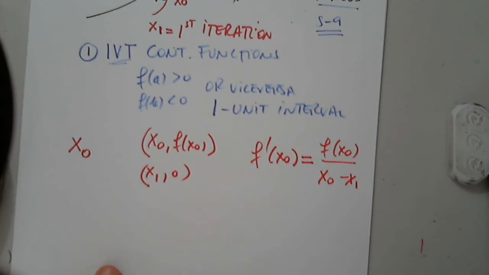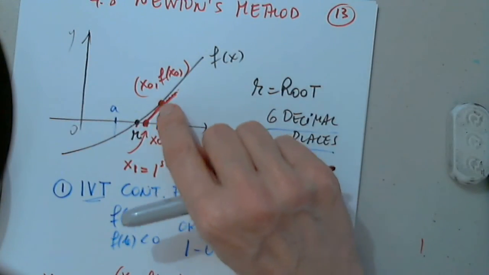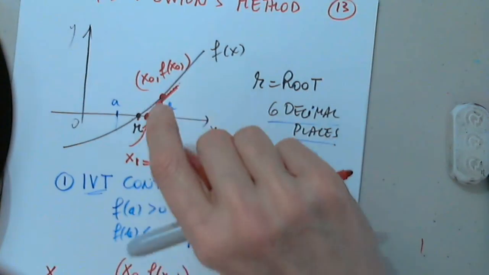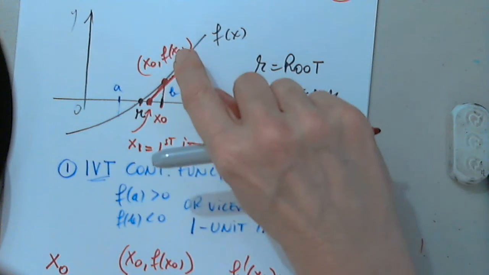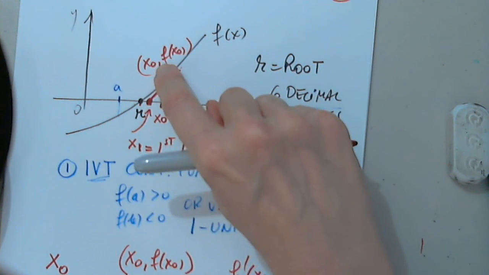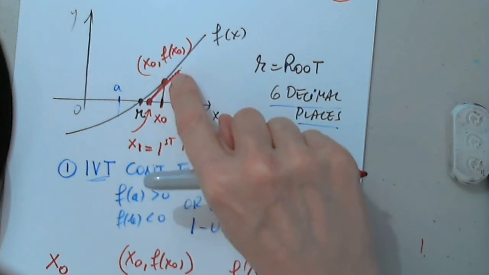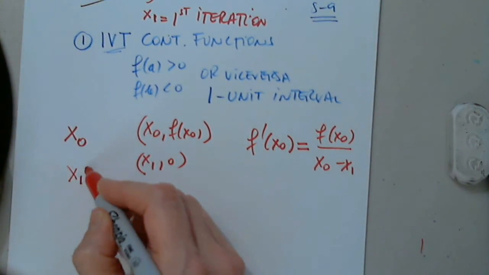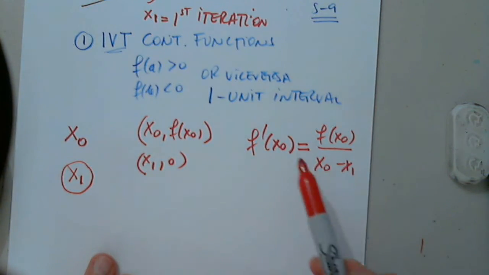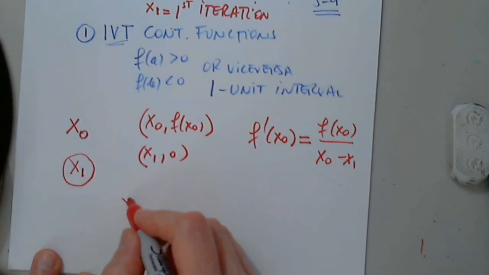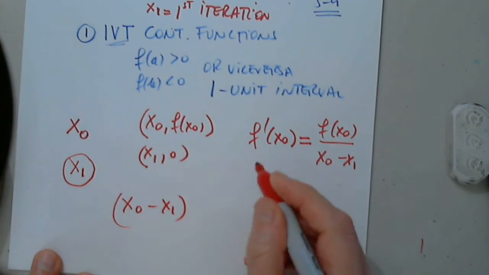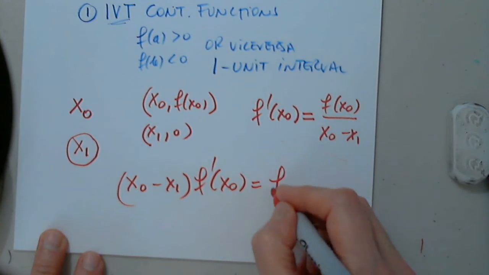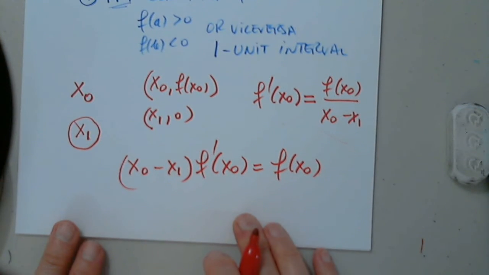What did I do? I wrote the slope of this tangent line in 2 ways, as f prime of x0 and f of x0 minus 0 over x0 minus x1, because I have 2 points. Of course, from here, I'm interested in finding x1. How do I do that? Cross multiply. So x0 minus x1 times f prime of x0, just algebra, equals f of x0.